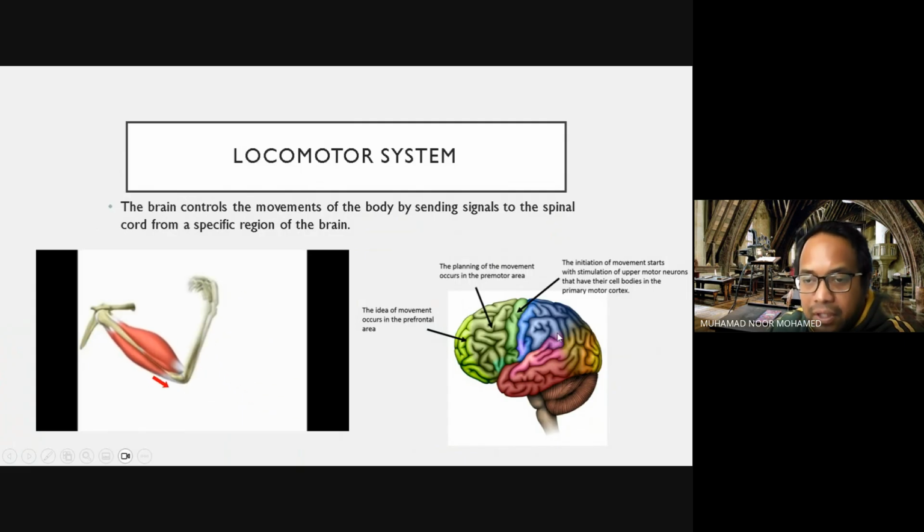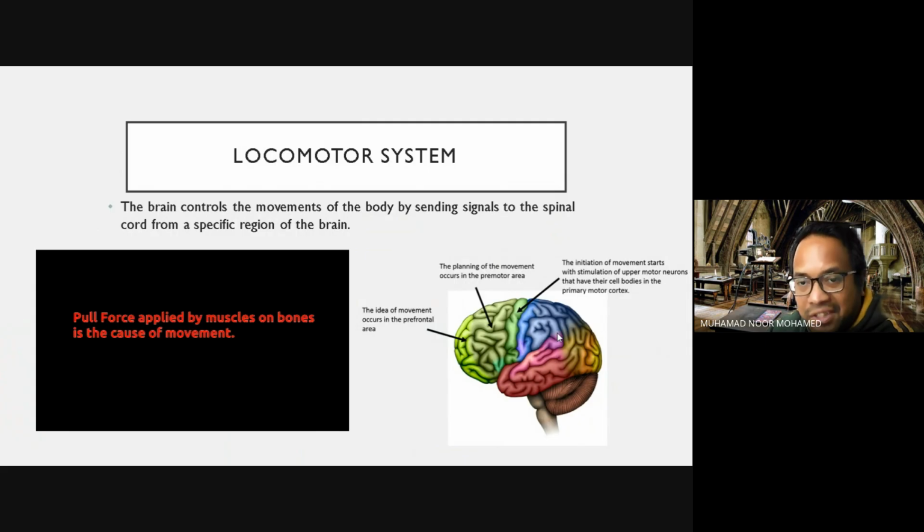All of these lobes are responsible for sensory processing, thinking, and storing information.